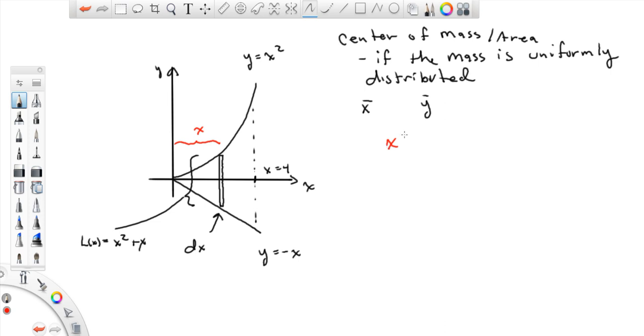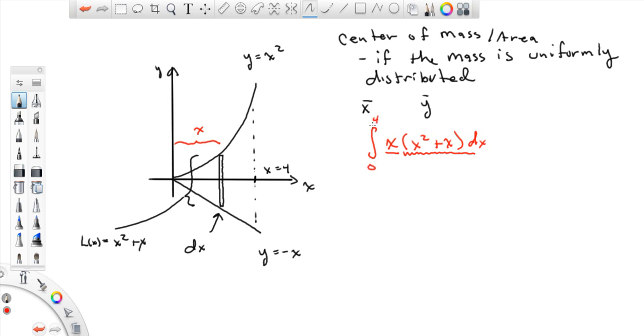I'm going to multiply by the area of the rectangle, which is length times width, so that's x squared plus x times dx. This is what we're averaging, and this gives it a weight. Then these get added up from 0 to 4.